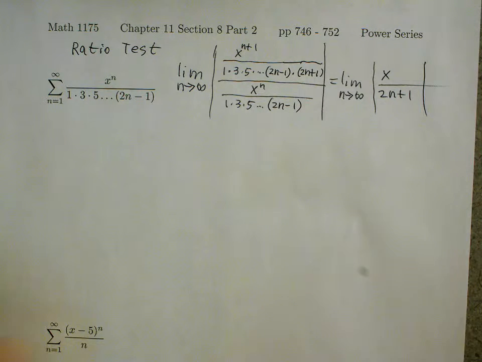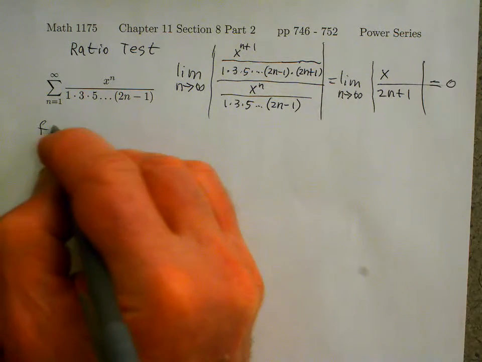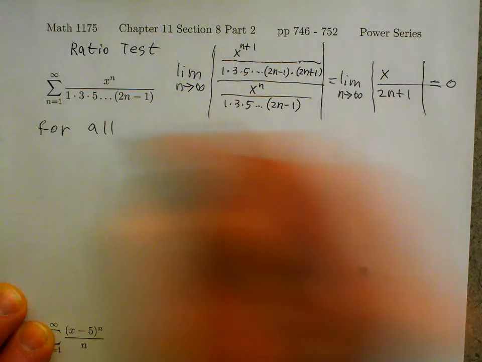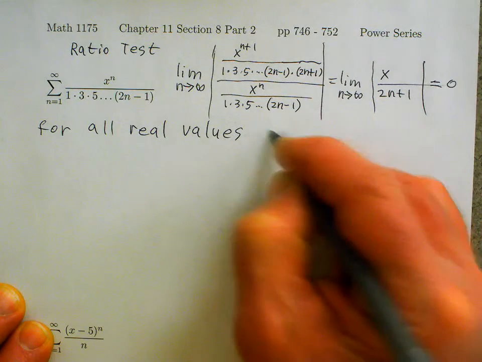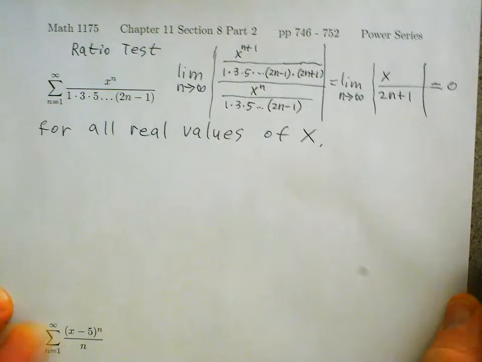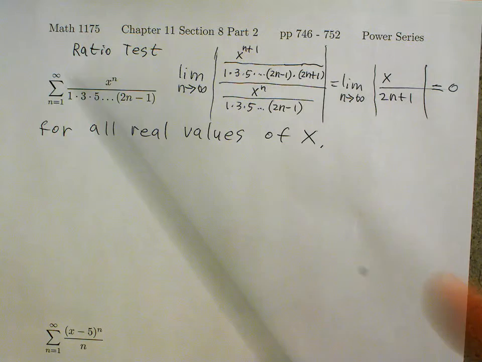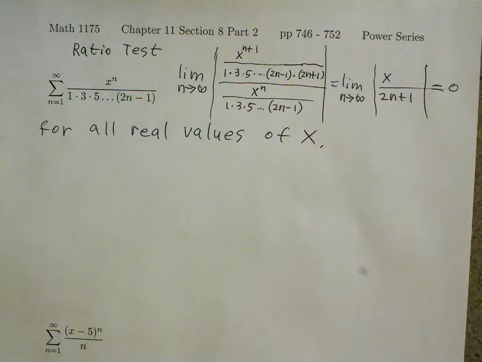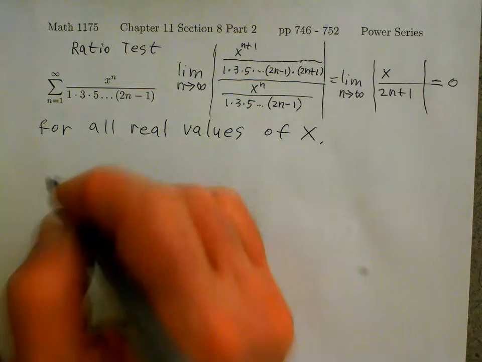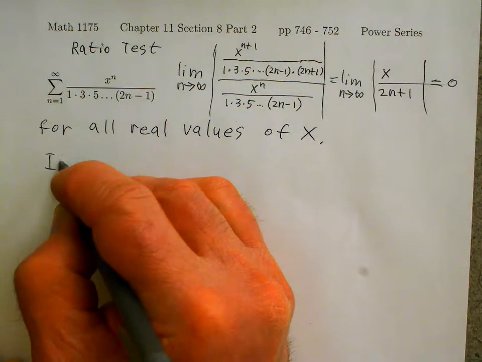So this limit is equal to 0 for all real values of x. And since 0 is less than 1, by the ratio test, this infinite series converges for all real numbers. So the interval of convergence is from negative infinity to infinity.